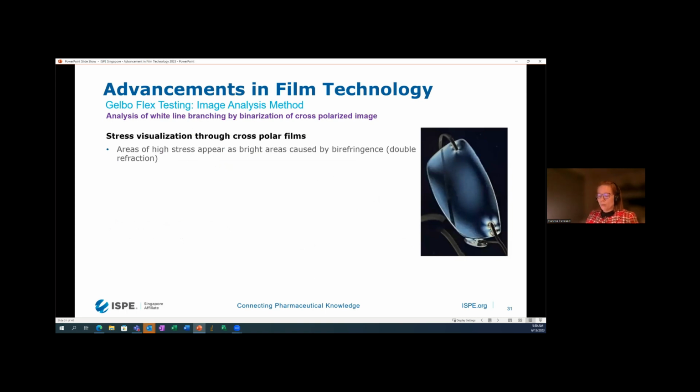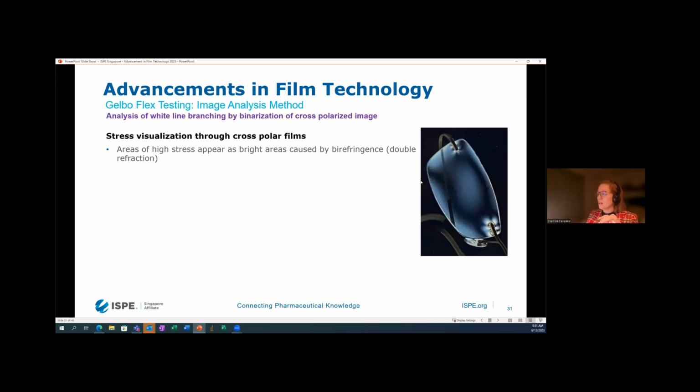Using cross-polar films, I don't know if everybody's familiar with what cross-polar films are, but they're polarized films. So if you can imagine, there's stripes of lines, and they control the light that travels through them. So they only allow travel of the light in one direction through that film. And if you take two of the films, so stripes in north-south, and you take stripes in east-west, when you put them together, they're black.